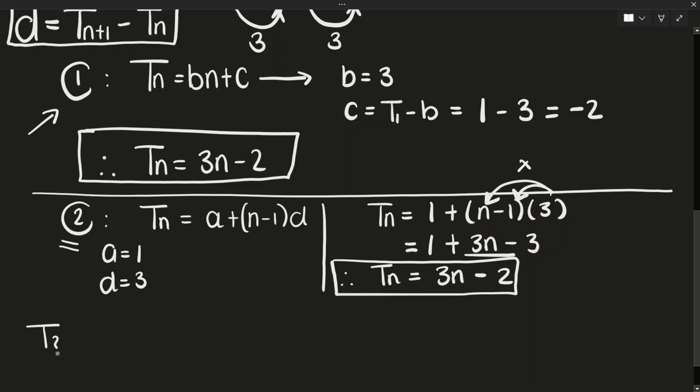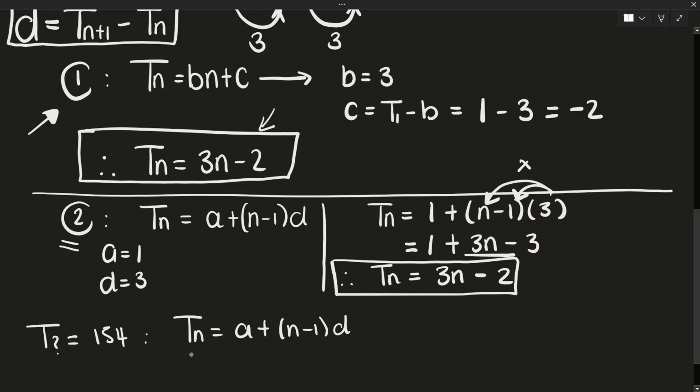So T what is equal to 154? That's the question here. You don't have to go here immediately. You don't have to do this and get that this is equal to 3n minus 2. You can simply use this formula, Tn is equal to a plus n minus 1 d as is immediately to get the answer.